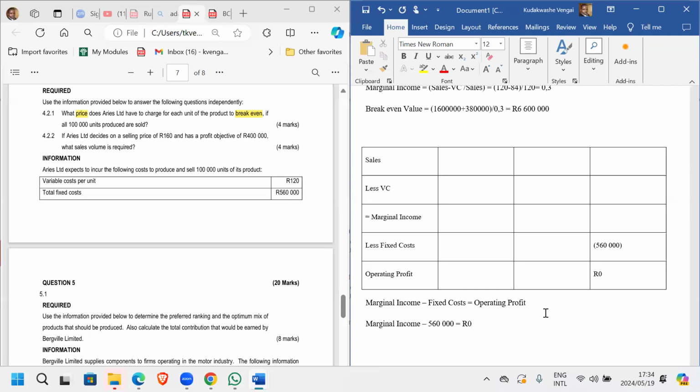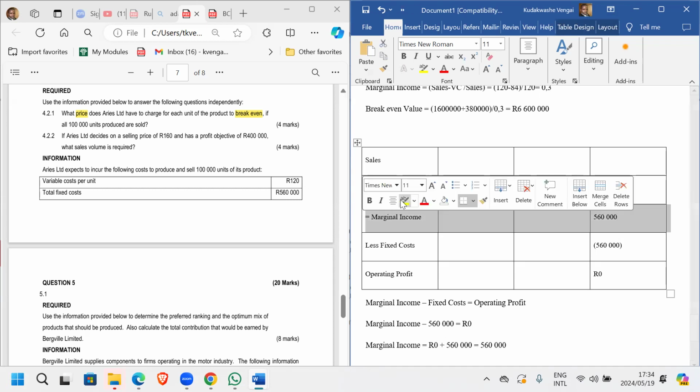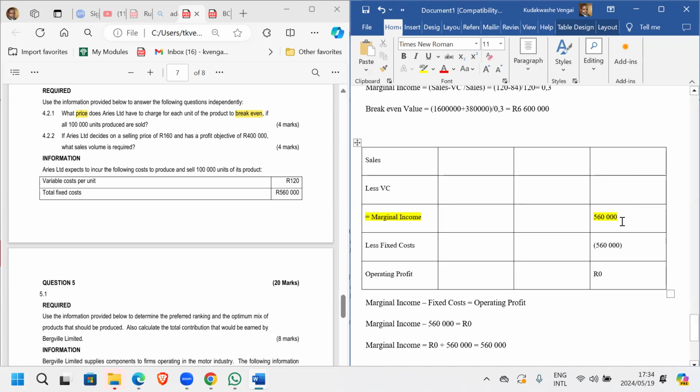Solve the equation. So marginal income is equal to 0 plus 560, which is 560. So I can come over here and put 560.